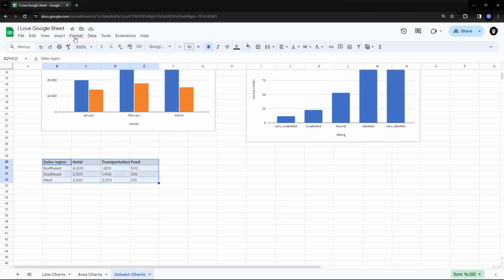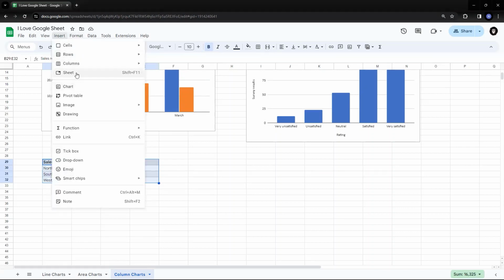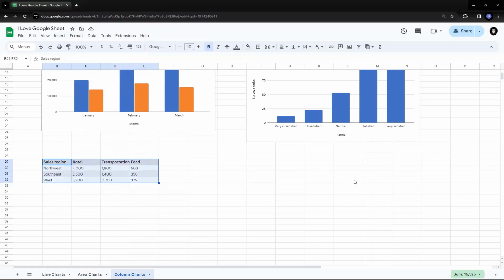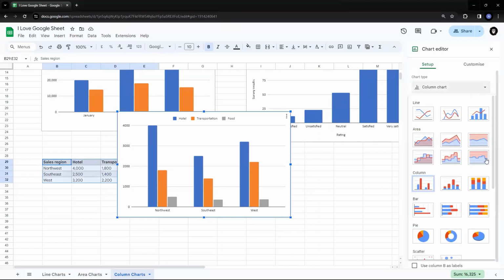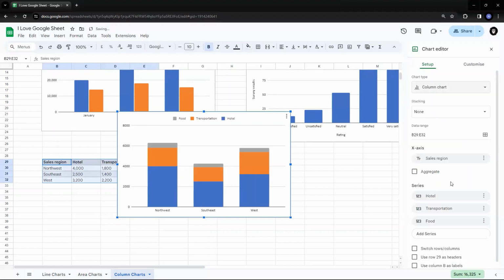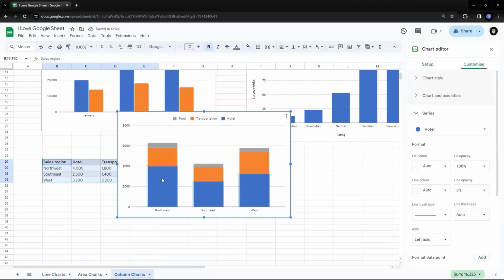So I'll select the data, I'll say insert, again chart. It is already showing me a column chart, but we do not want a column chart. We want the stacked column chart. This way I understand which one is contributing the most.